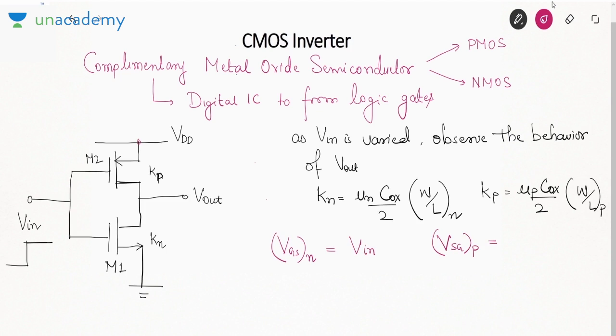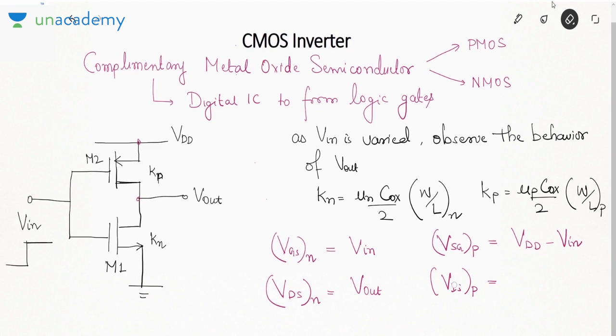The source voltage is VDD, gate voltage is Vin, so VDD minus Vin. What about the drain to source voltage of NMOS? The drain voltage is Vout and source voltage is 0, so Vout. What about the drain to source voltage of PMOS? Sorry, it will be VSD actually. The source voltage of PMOS is VDD and drain voltage is Vout.